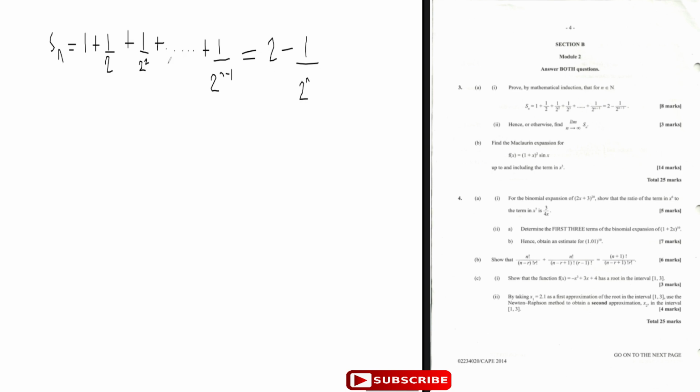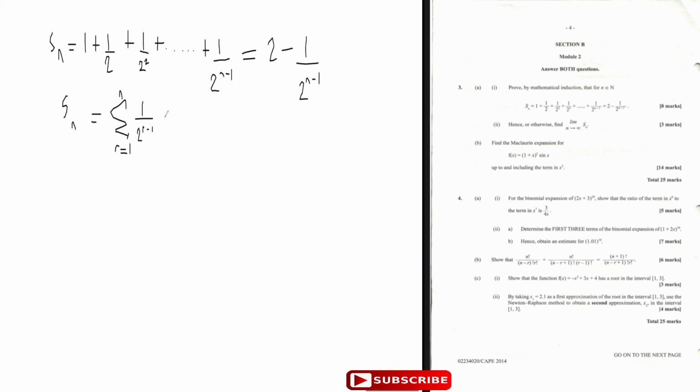First and foremost, I'm going to rewrite Sn as the summation from r equal 1 to n of 1 over 2 to the r minus 1.